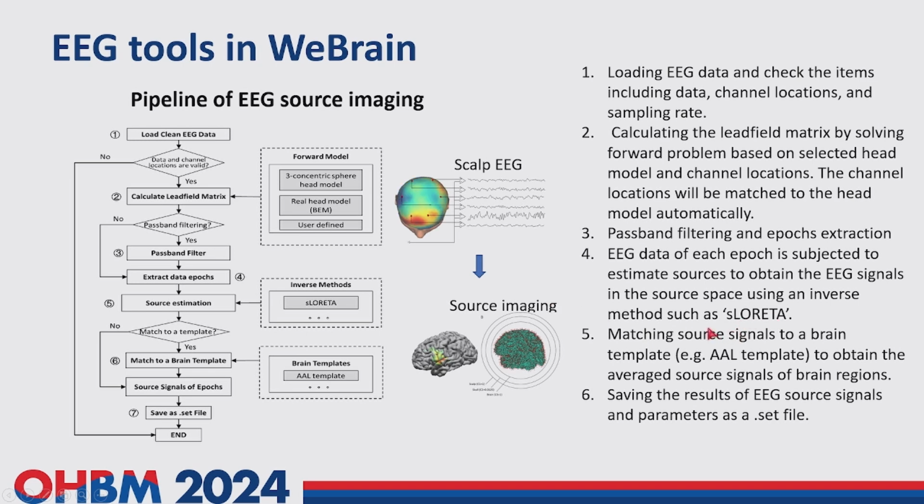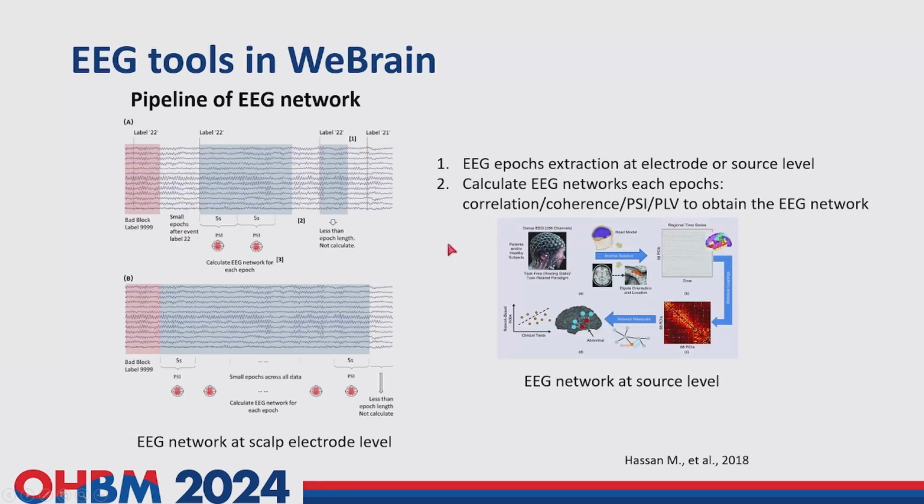And if we want the source signals of brain regions, we can match the source signals to a brain template, such as the AAL template. After these steps, the EEG source signals in the source space or the brain regions can be saved as a result.